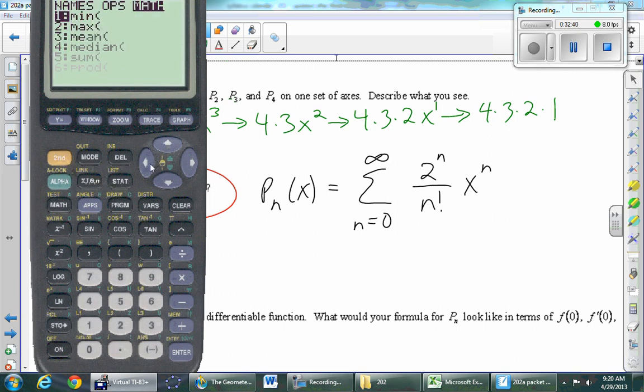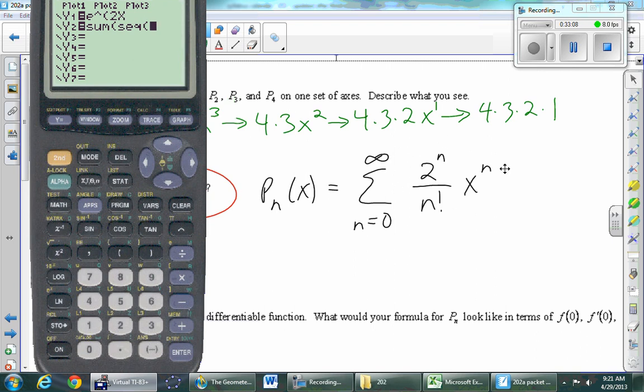We are looking for the sum command, which is over here in the math menu. It's right there. That's the word for series, summation. And then I need to tell it that I'm about to type in a pattern, and the word for pattern in the TI-83 is sequence. It's also in second list, but now it's here in the middle option, which is ops for operations. The sequence command is down here for number 5.